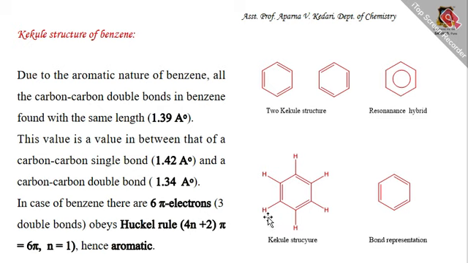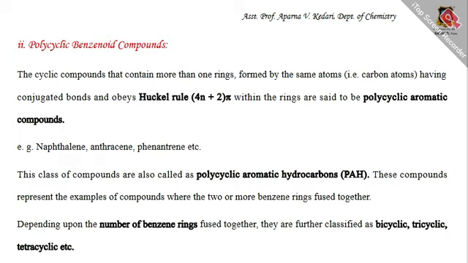Each pi bond contains 2 electrons, therefore a total of 6 pi electrons, which obeys Huckel rule: 4n plus 2 pi electrons equals 6 pi electrons and n is equal to 1. Hence benzene is cyclic, planar and conjugated, and contains 4n plus 2 pi electrons, therefore benzene is said to be aromatic in nature.